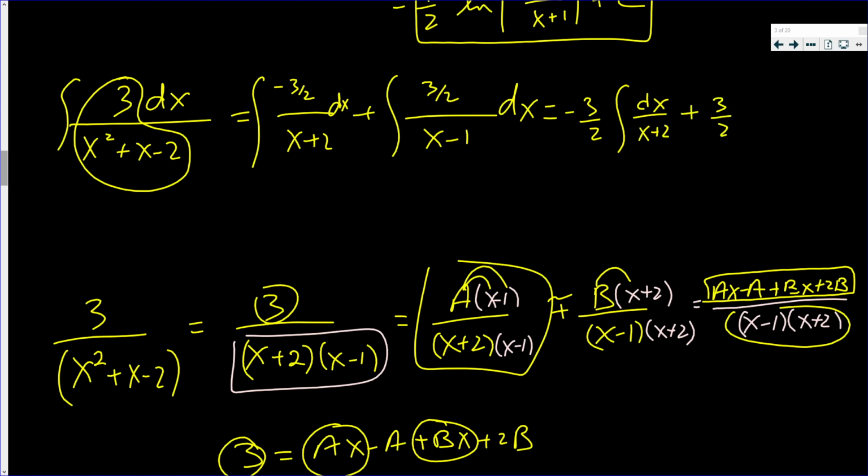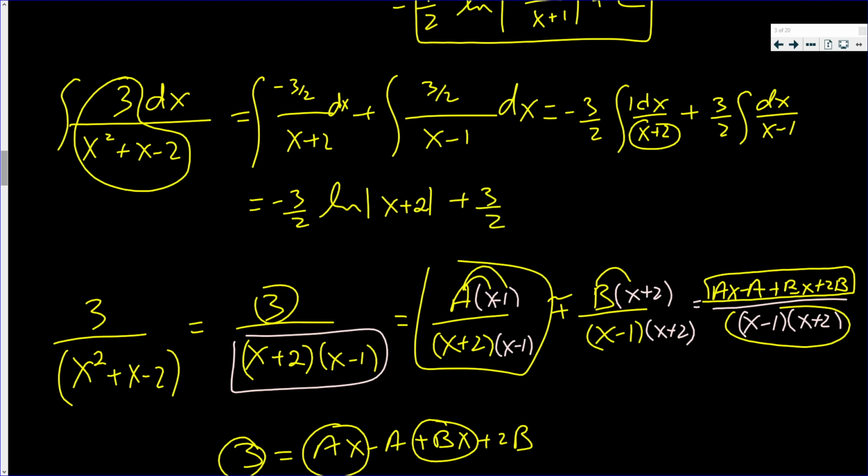Plus 3 over 2, the integral of dx over x minus 1. Well, again, if I call that u, the top is du, 1 du. So I have negative 3 halves. The integral of du over u is ln of the absolute value of u. Plus 3 over 2. If I call that u, well then that's du. The integral of du over u is ln of u.